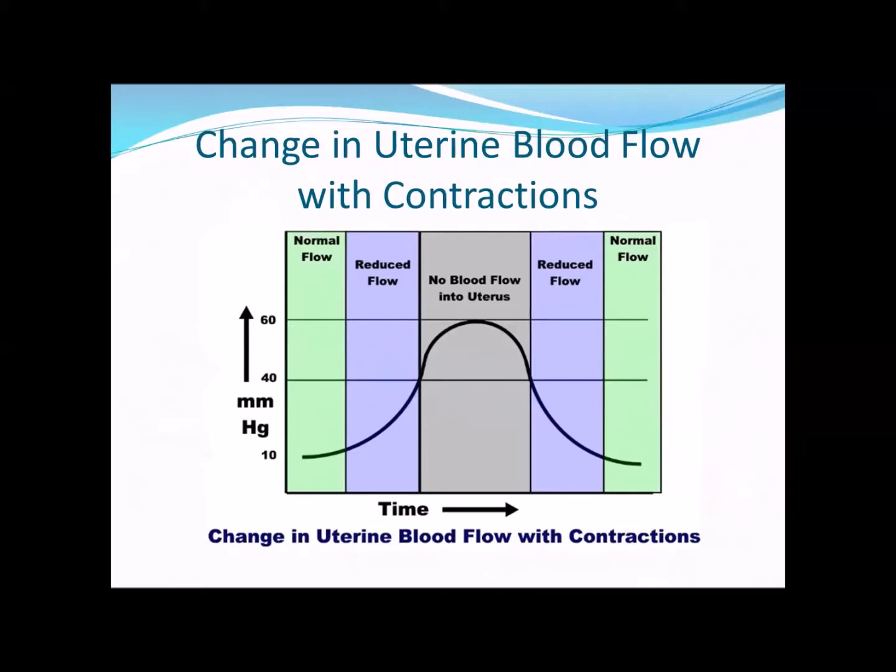As the duration and frequency increases, it also means that we get decreased blood flow to the babies throughout labor. If we start labor in an optimal blood flow situation, placental perfusion is more than adequate.